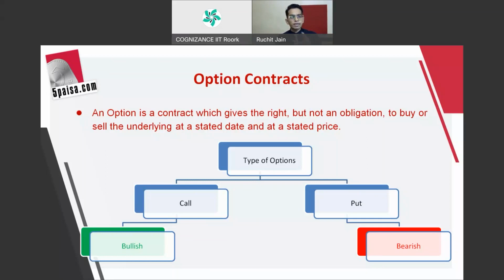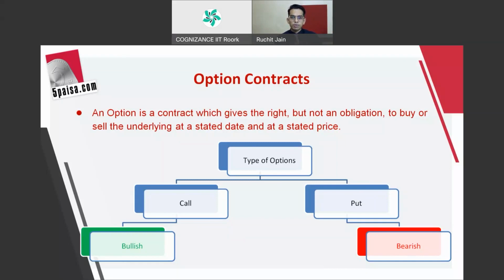This is applicable to all the stocks as well. So if Nifty goes down, then Nifty's put option prices will go up. So if your view is bearish on the market, that till the expiry date the market is going to go down or any stock is going to go down, then you have to look to buy put options. So if that stock goes down, then the put option premiums, the prices will increase, right? So that you can earn profit from them.